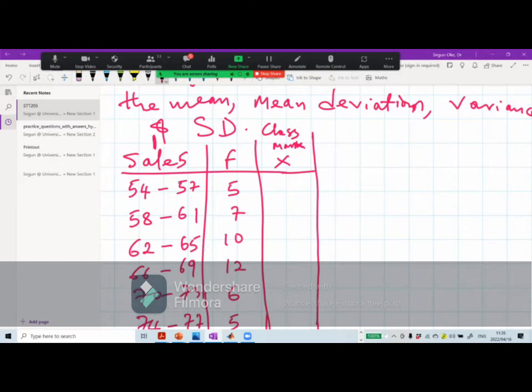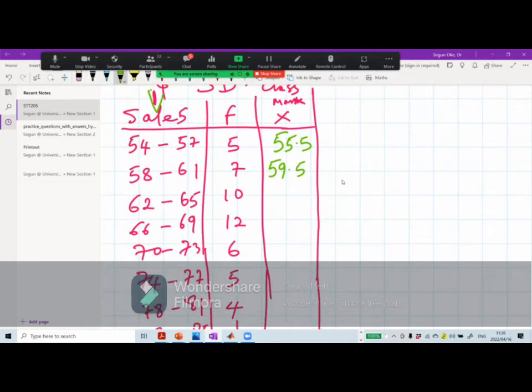We are talking about sales here. That's 55.5 for the first one. The second one is 59.5. Please, let's everybody do that. The third one is 63.5.